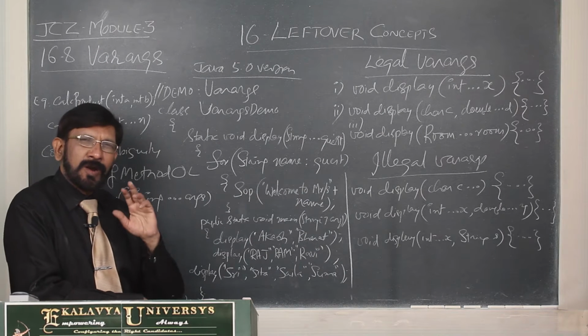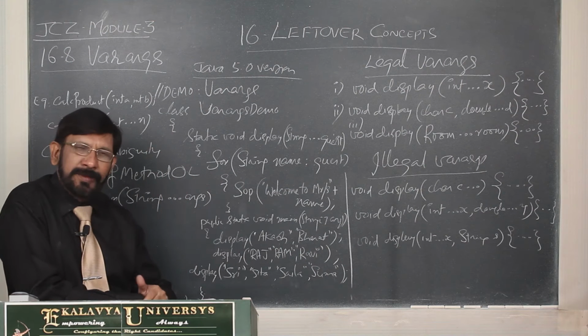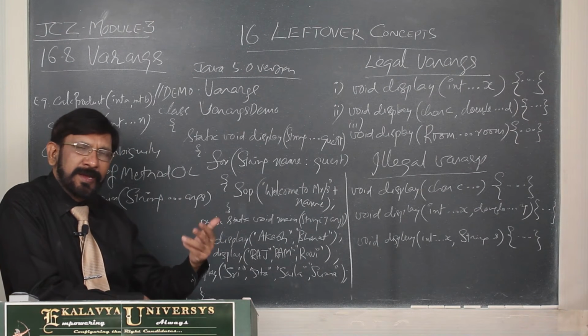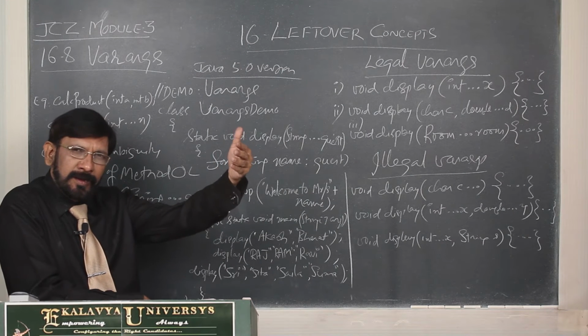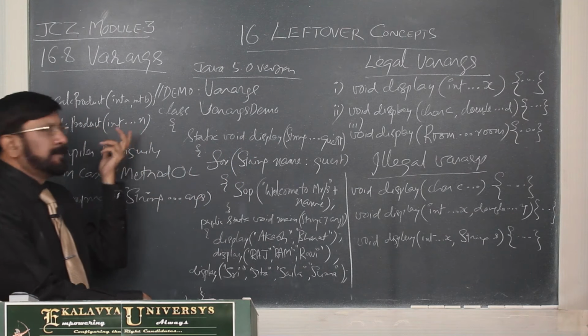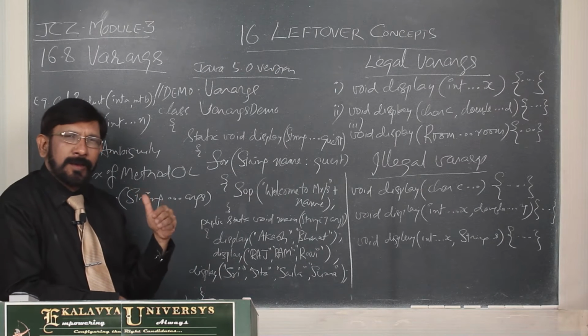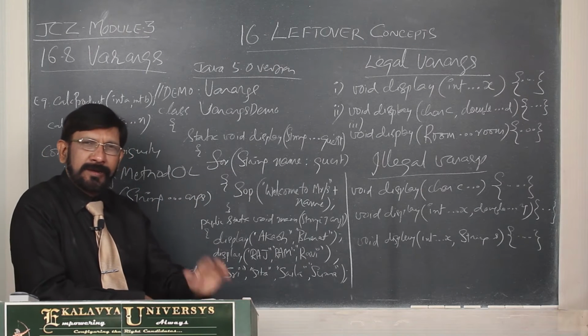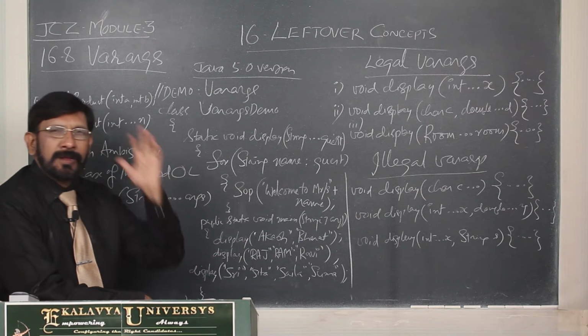So it creates a lot of flexibility, and the utility of the method is very high, because it is meant for 0 to n number of arguments. That's why we need not write a number of definitions depending on the number of arguments.